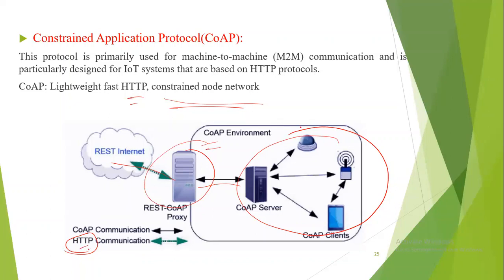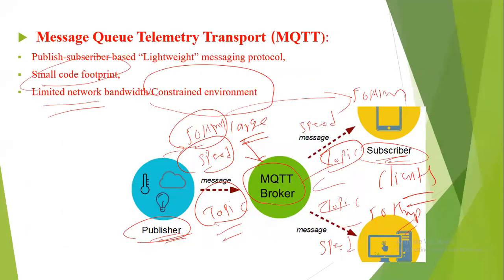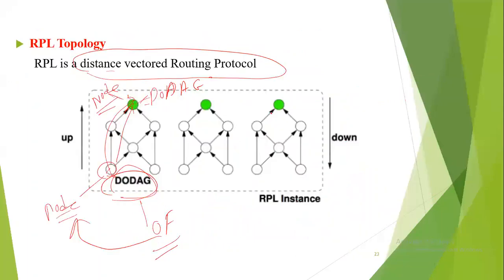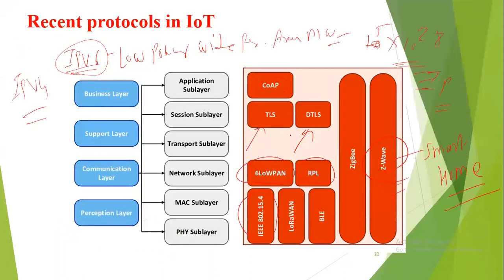And here this CoAP is basically built on TLS and DTLS. Maybe these technologies are not known to you, but I have to explain TLS and DTLS. In this diagram, you can see this CoAP is built on TLS and DTLS. TLS means transport layer security, and DTLS means datagram transport layer security.